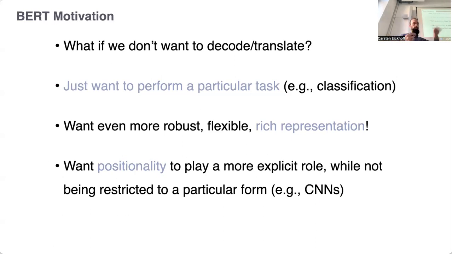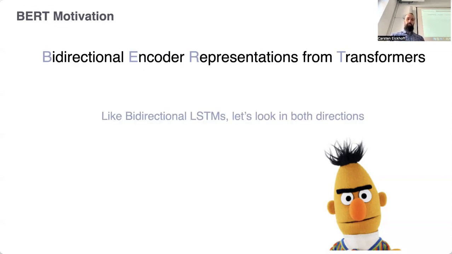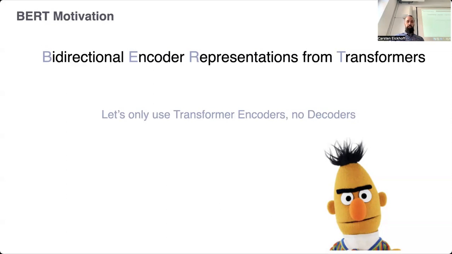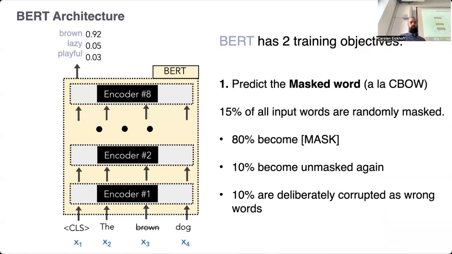All we want is a good representation, just an encoder, and we then want to use that for our downstream tasks. So along comes the bidirectional encoder representations from transformers. And you already see that we're playing this whole bidirectionality game again, because apparently that's still on the table here. And we'll see how that works. So we're doing bidirectionality, only encoders, rich representations.